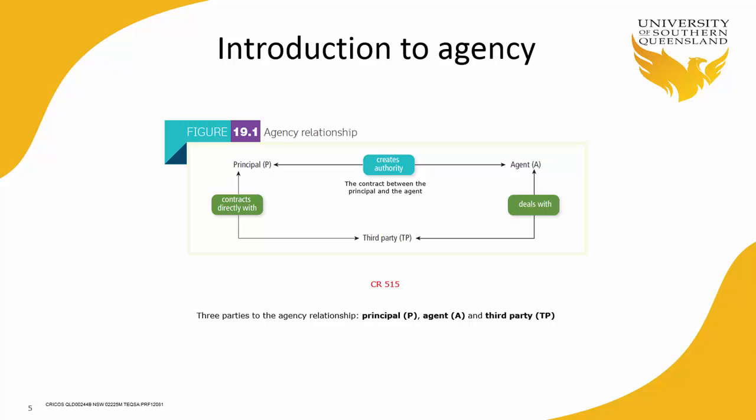And the agent then, based on this authority, and as we'll see, it arises through different means, but once it arises, the agent then deals with third parties, and this dealing with third parties under certain circumstances will create a binding contract between that third party and the principal. The agent, through their dealings with this third party, are going to create another contract between the third party and the principal.